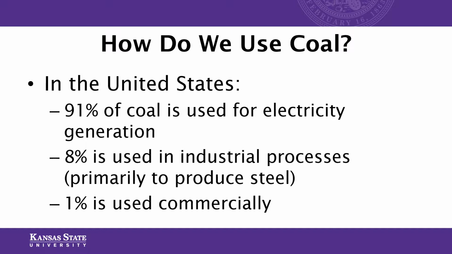Through several chemical reactions and processes, you can create steel through coal. And then 1% of it is used commercially, very small amounts of it. You can actually turn coal into a liquid, which then gets used for various different things as well. But mostly what we use coal for is to make electricity. And so, if we find other ways to generate electricity, we do not need as much coal.